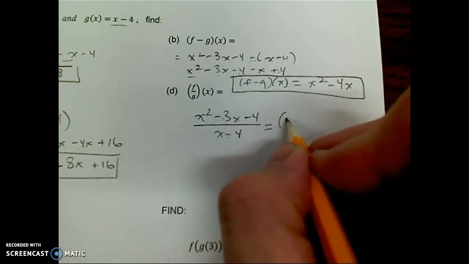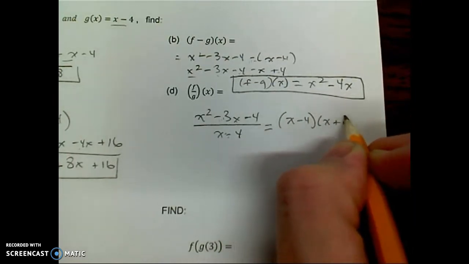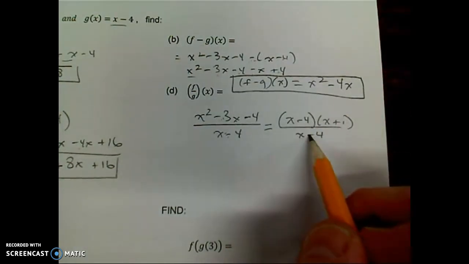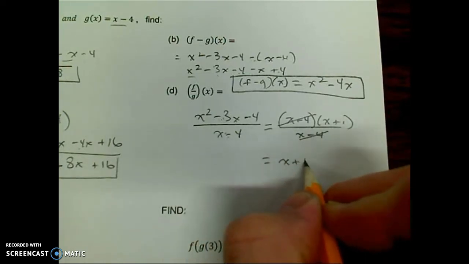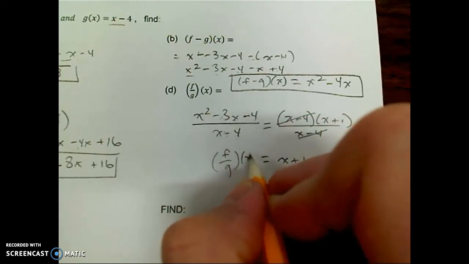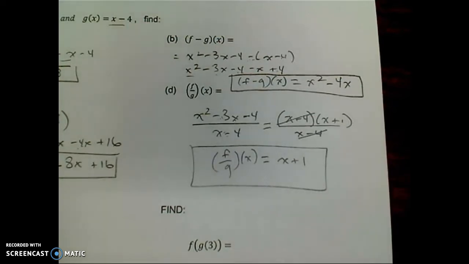And I can see that that is x minus 4, x plus 1, and then over x minus 4. Now I have a common factor of x minus 4. So I can divide that out in the numerator and denominator. So f divided by g of x is just equal to x plus 1.